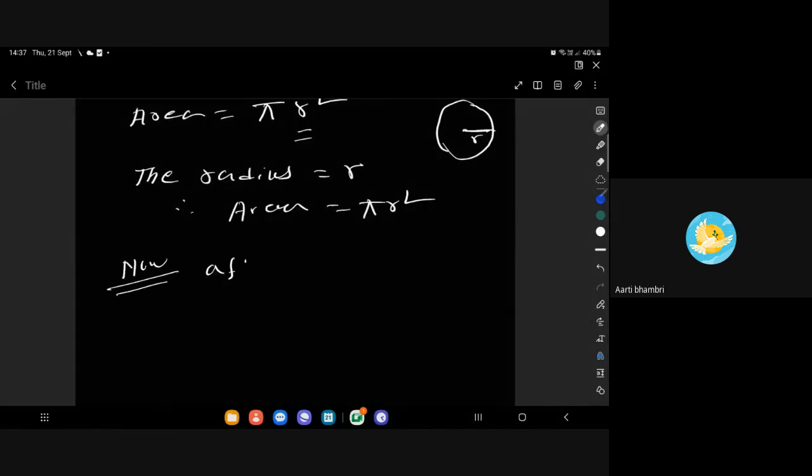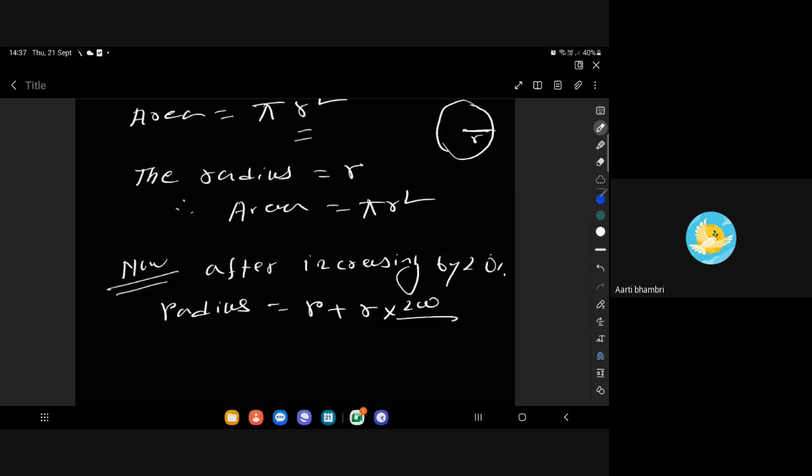Now after increasing by 20%, the new radius equals how much? R plus 20% of R, 20 by 100.